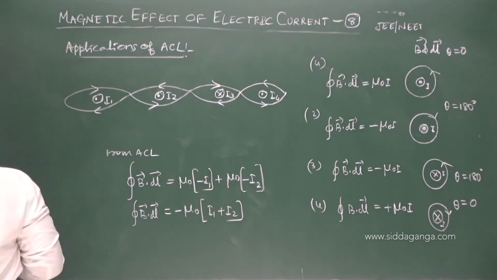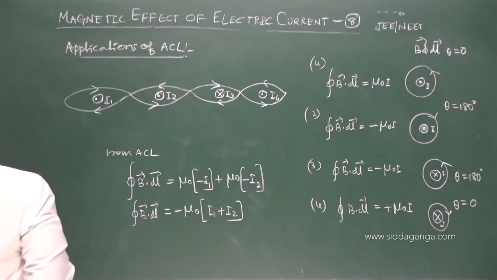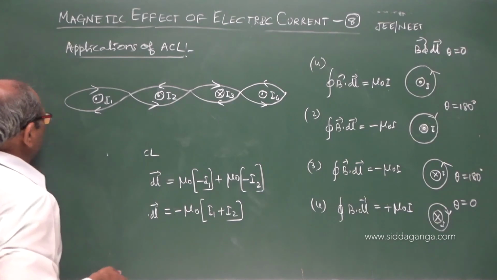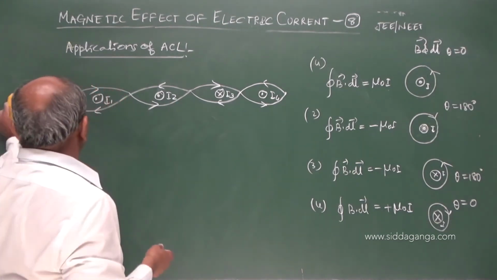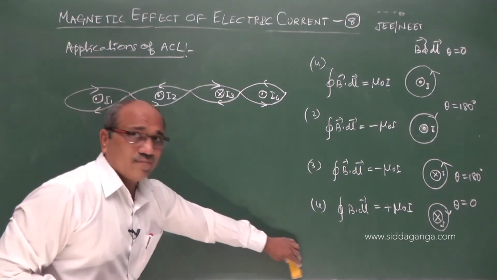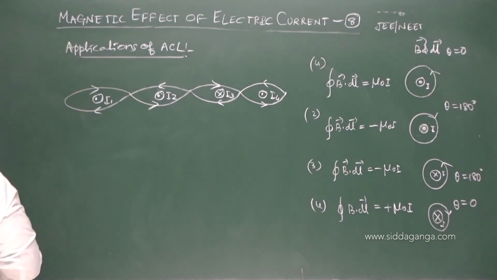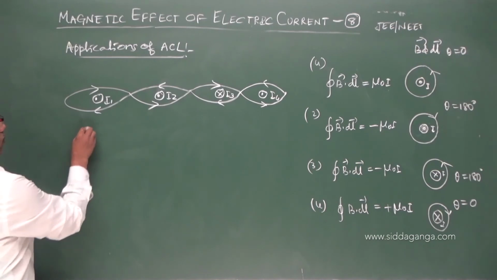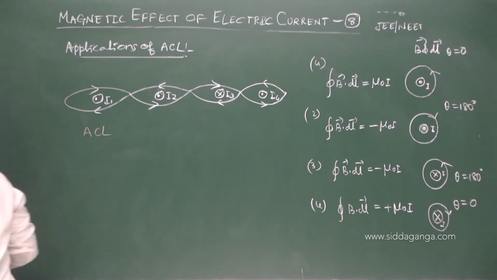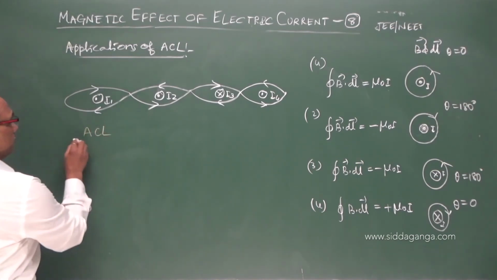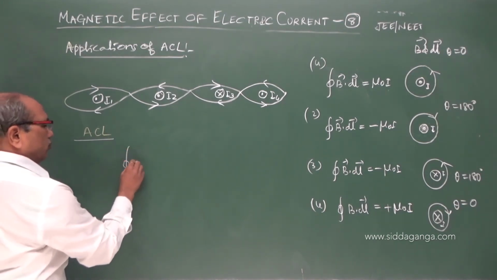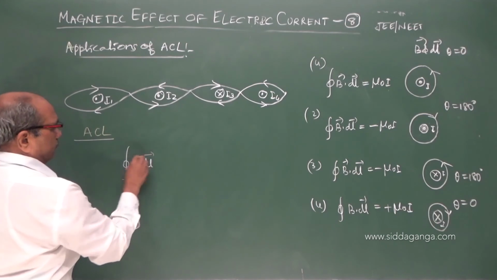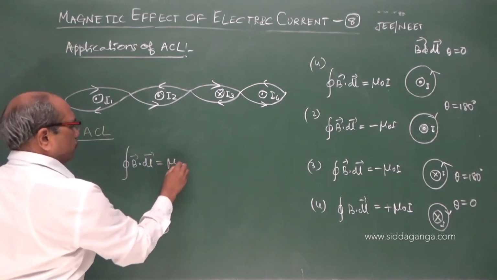What happens in this case? See now, according to ACL, this integration of B dot dl equal to mu naught into.